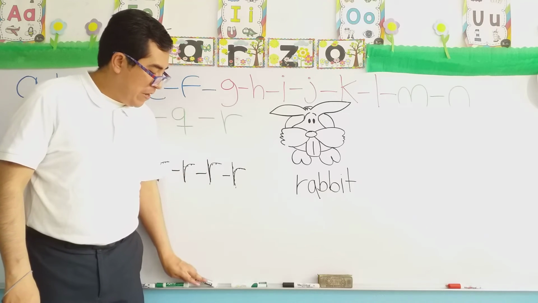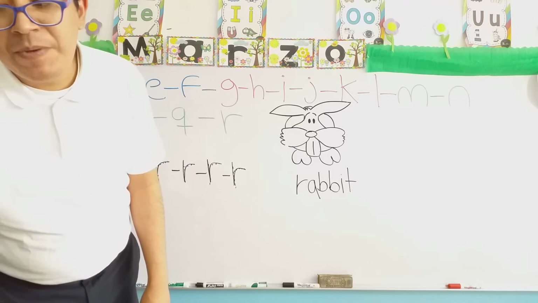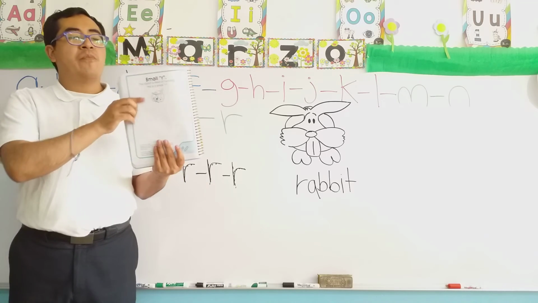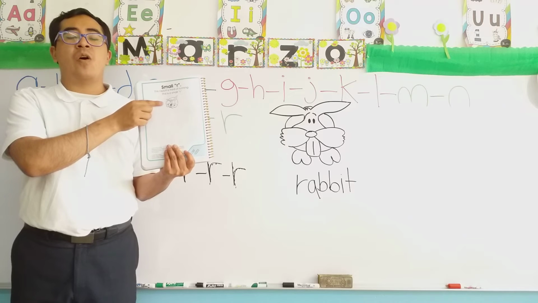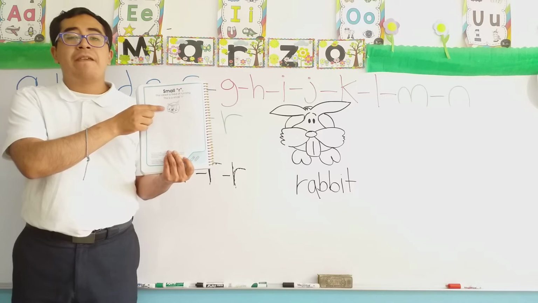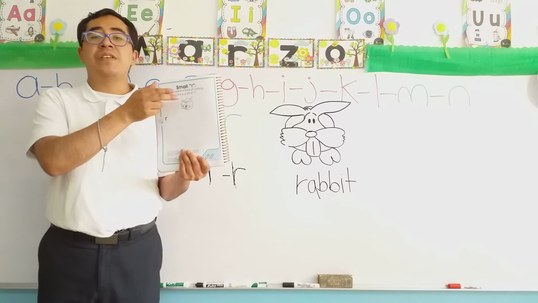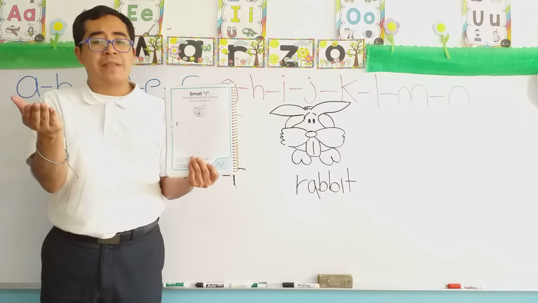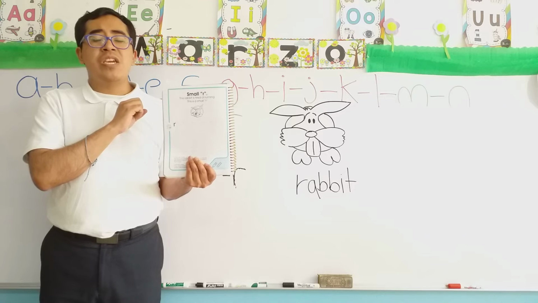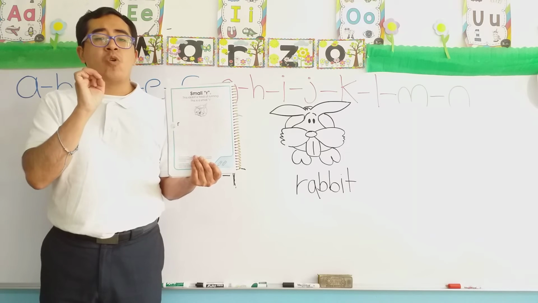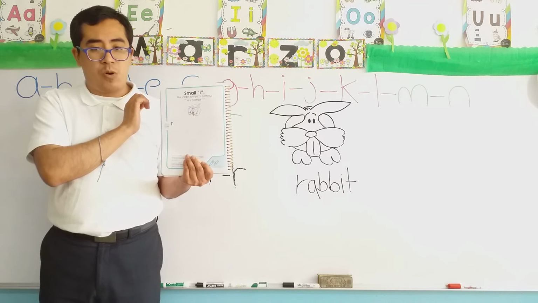Now before we finish with the activity, we continue with the painting of the object, which is the rabbit. Now for the rabbit, the color that predominates this animal is color white, but we can use either color brown or color pink to add some color.